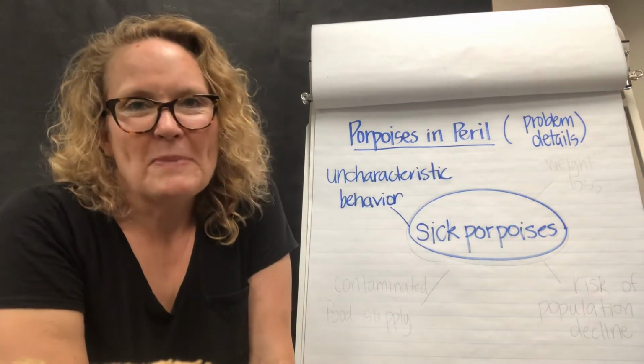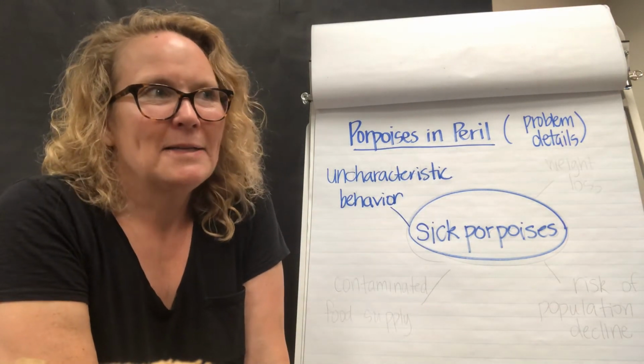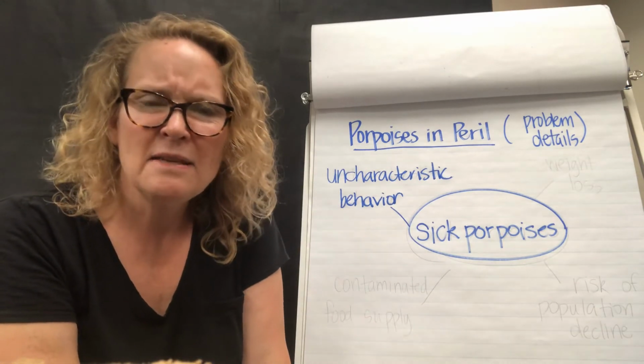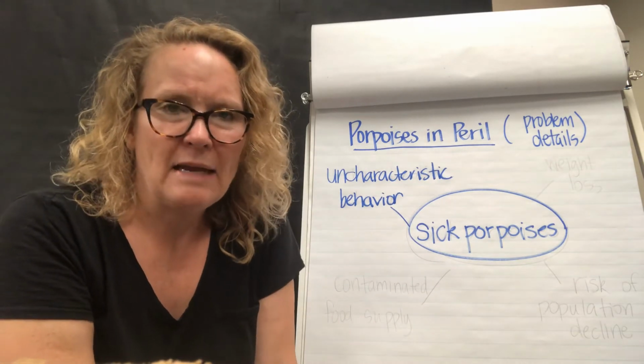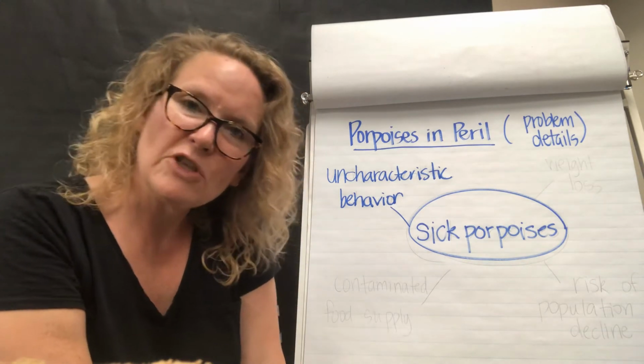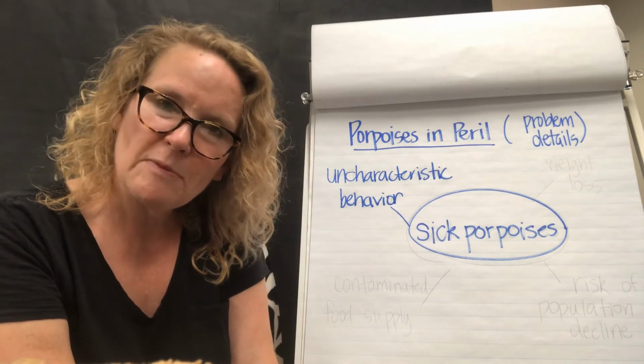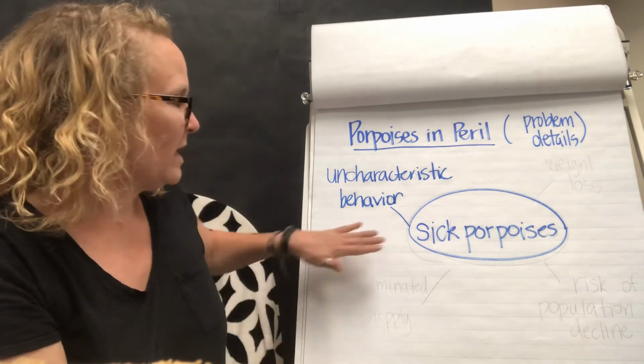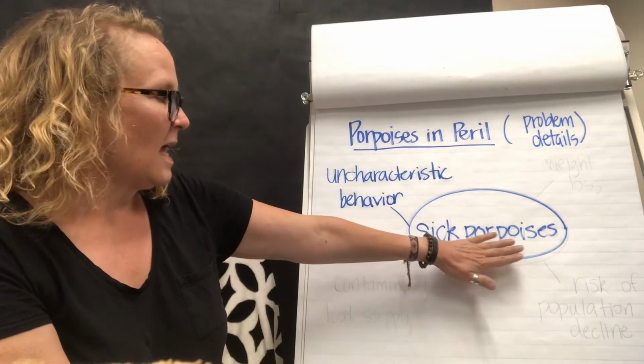Also, friends, I want to remind you, as we do these video episodes of our reading analysis, feel free to stop at any time and pause the video so that you can catch up and you don't feel rushed and you don't feel behind. That's the beauty of being able to teach by video. So we understand that there are sick porpoises. How do we understand that?